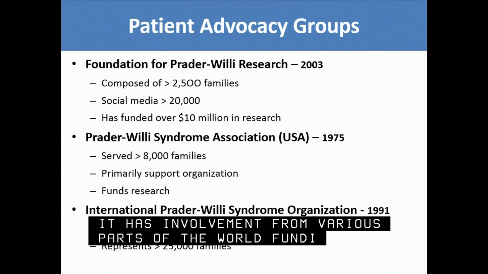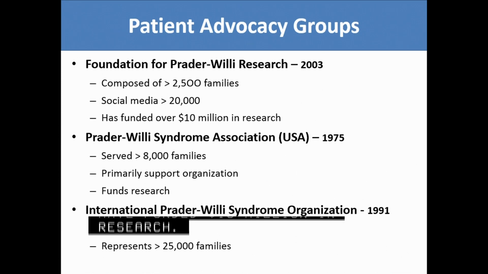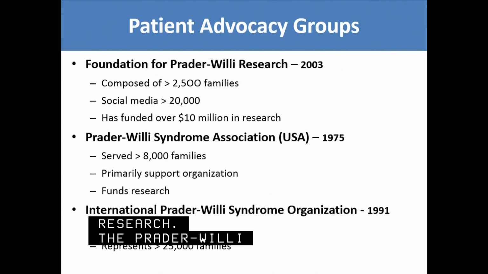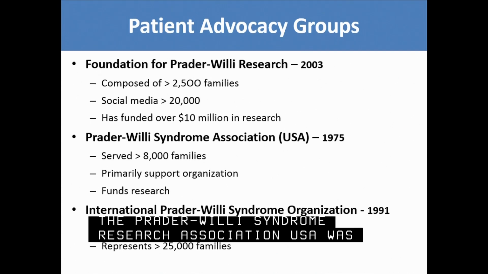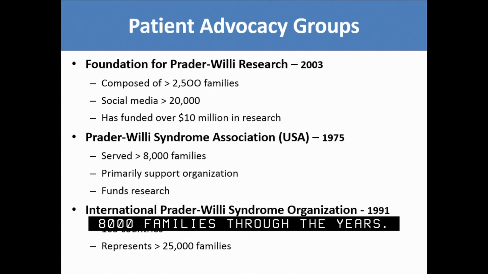The Prader-Willi Syndrome Association USA was founded in 1975, and has served greater than 8,000 families through the years. It's primarily a support organization and an advocacy group, but they also fund research.